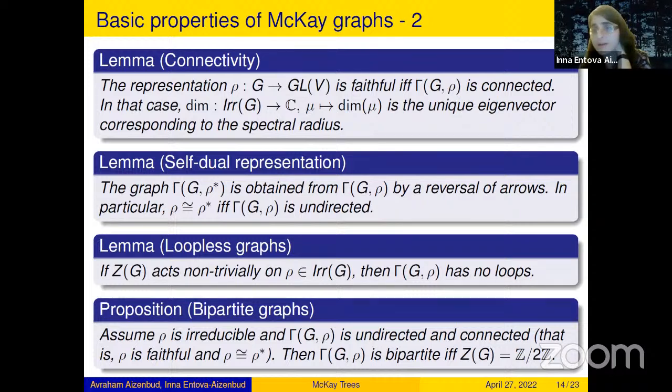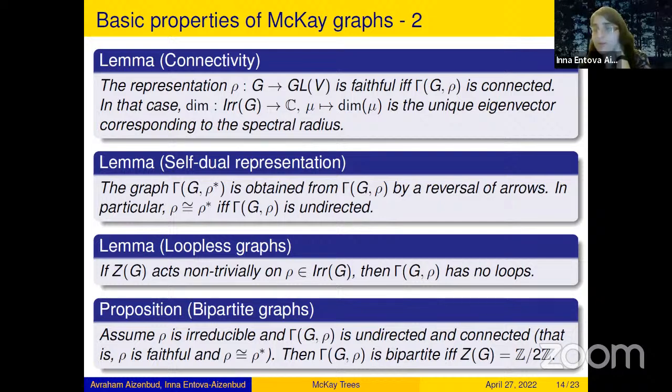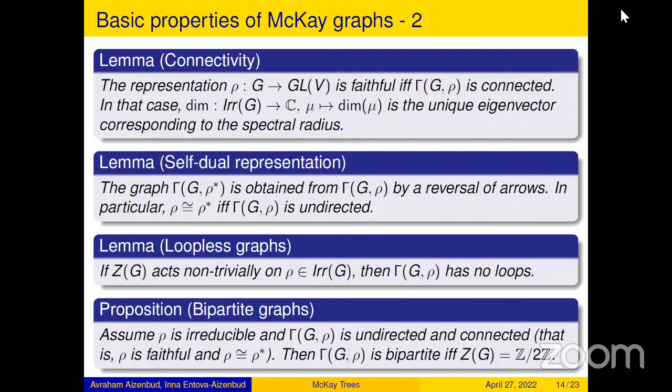Well, apart from the fact that the dimension of rho is either 2 or a power of 2. Yes. So if the dimension of rho is not a power of 2, namely the spectral radius of your graph is not a power of 2, that immediately means that it cannot be a tree if it is a McKay graph. Okay, thanks.